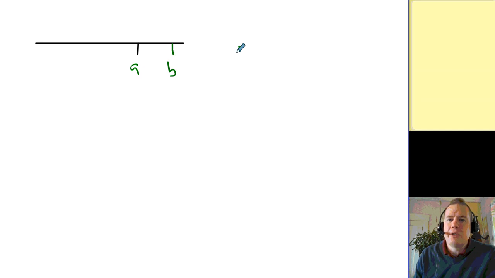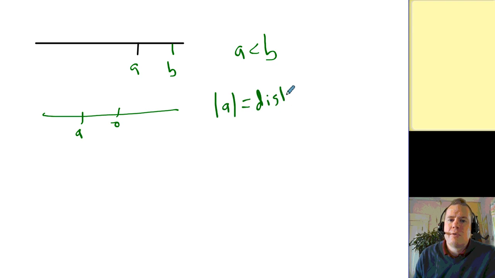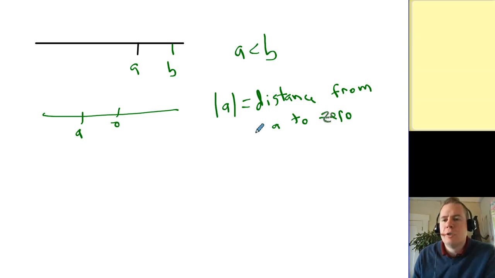I said the number line is useful for 3 different situations. One of them was comparing numbers, A versus B. One is for absolute value: the distance from A to 0, or the distance between A and 0 would be even better.